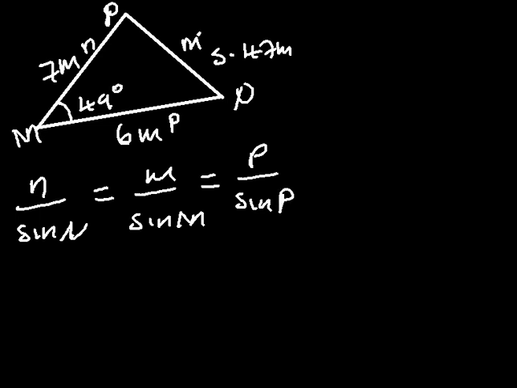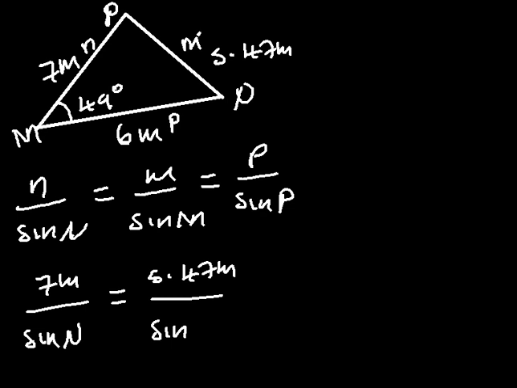And what is n? We have it as 7 meters divided by sine n, since we do not have the angle n. This is equal to the side m, which is 5.47 meters, divided by sine 49 degrees, which is equal to the side p, 6 meters, divided by sine p, since we do not have the value of the angle p.